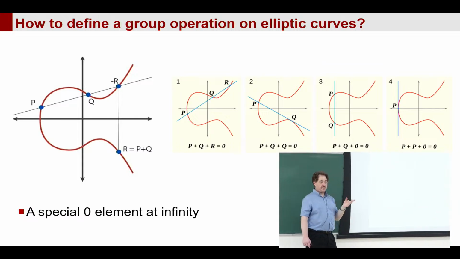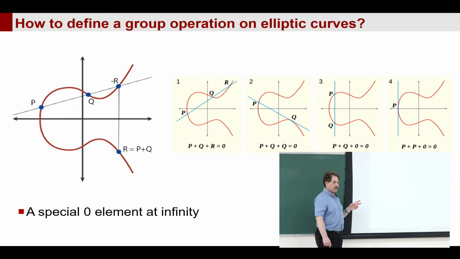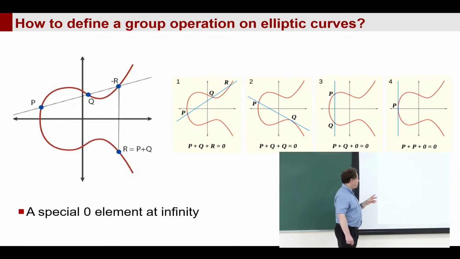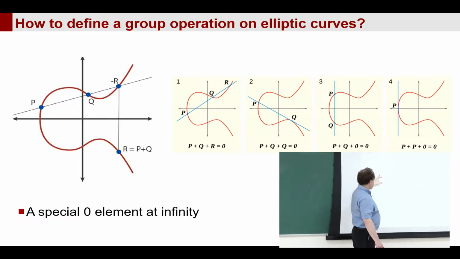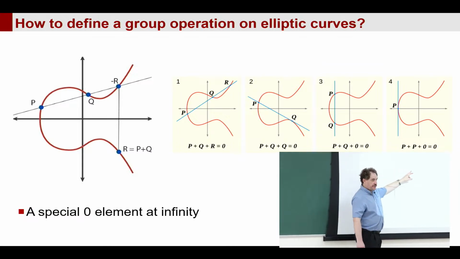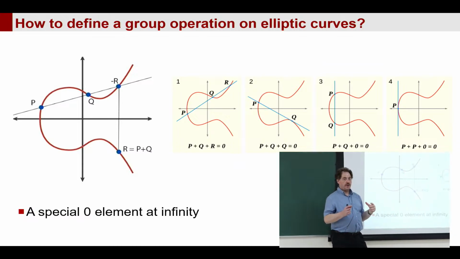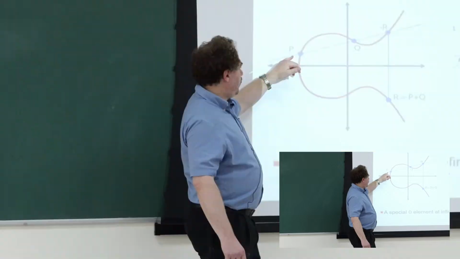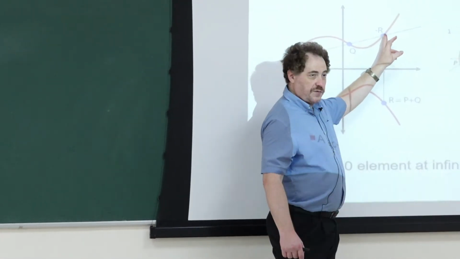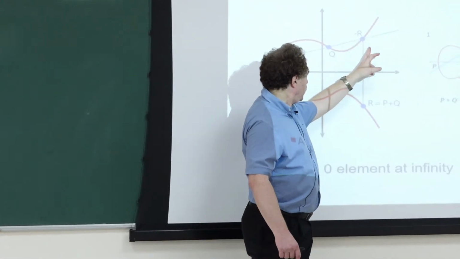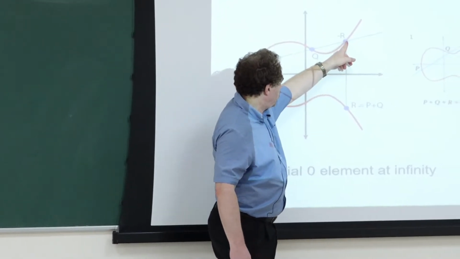Okay, so what's the operation? The operation is the following one. For example, take P and Q, and then draw the line. We find the third point, in this case minus R, and we invert it.